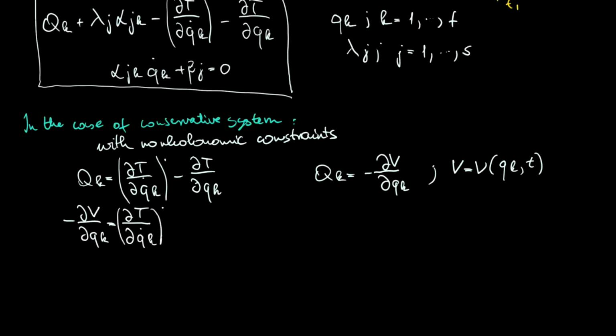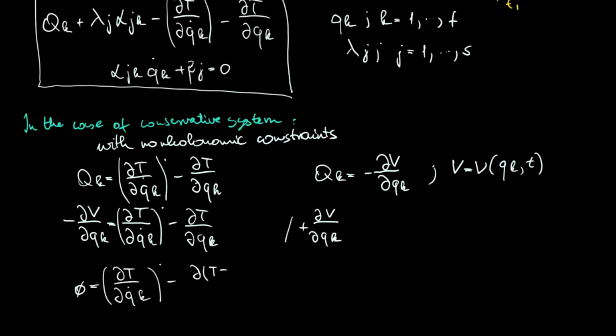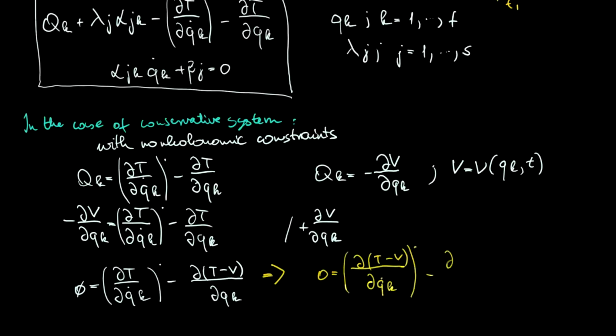And substituting minus partial V over partial qk for Qk, and if I add this term to the right hand side also, I get T minus V in the numerator, and for the second term it is also true.